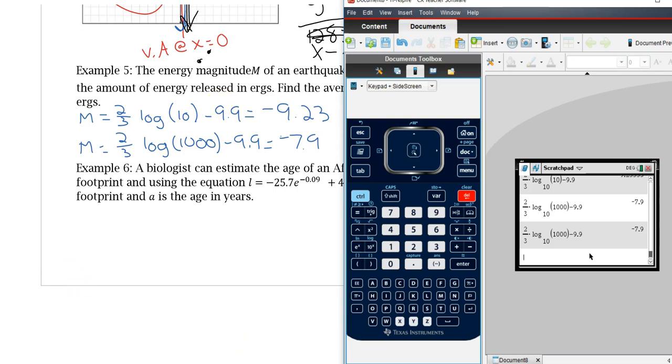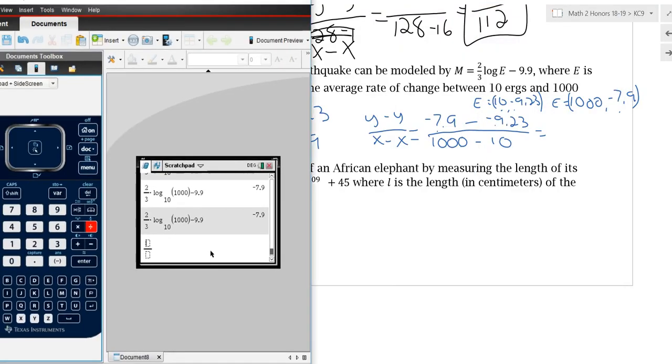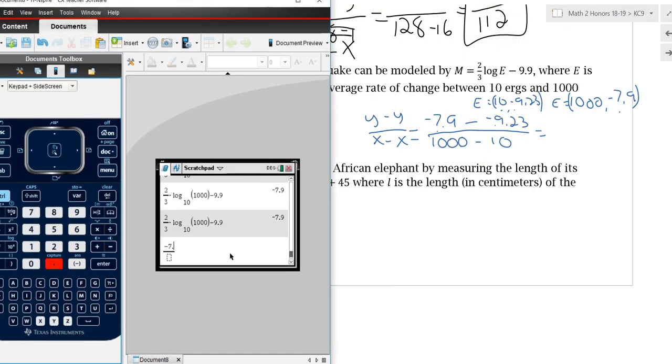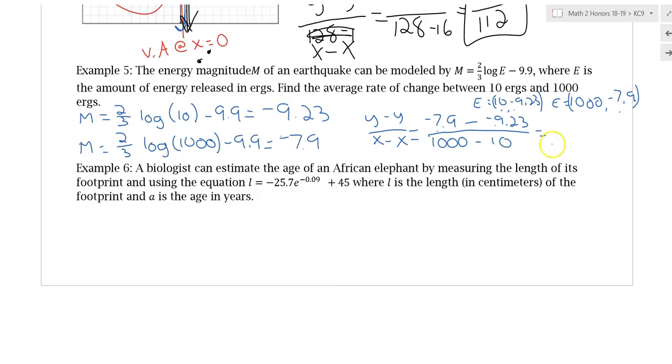Negative 7.9 minus, we need minus and the negative sign, 9.23 over 1,000 minus 10. We get 0.001343.